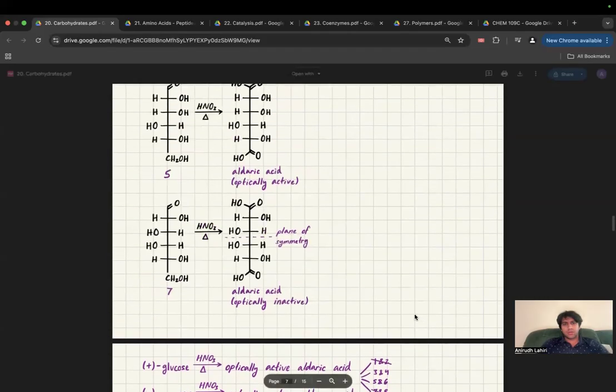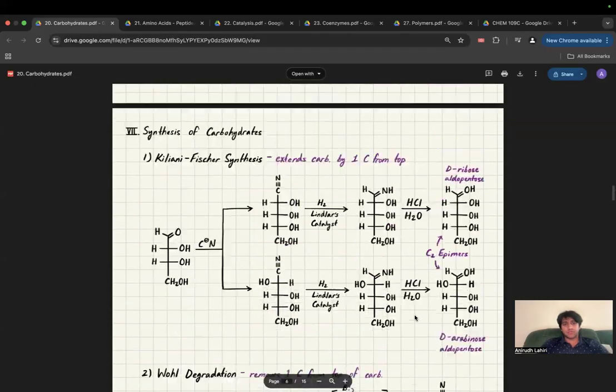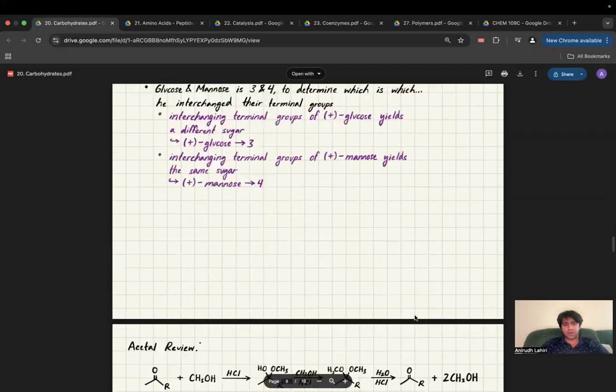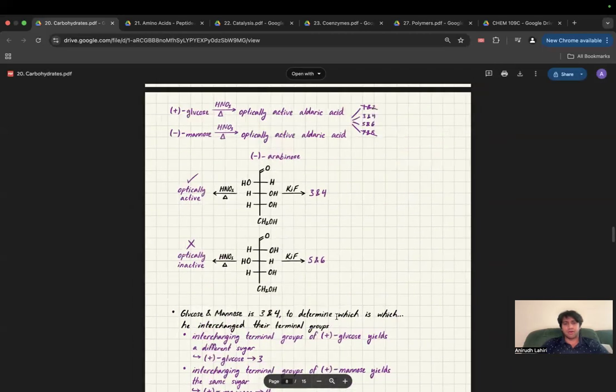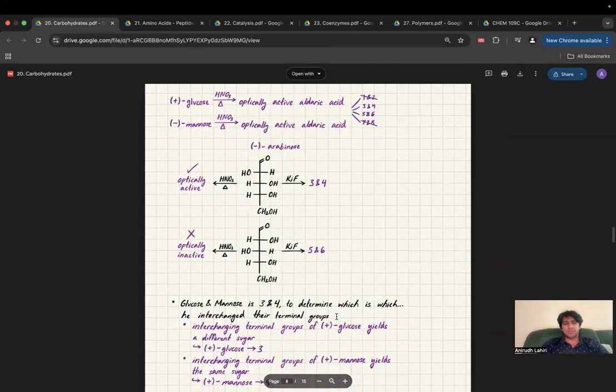This is what was used to figure out the structure of glucose way back when. I'm not really going to go through the specifics of how you'd do this very precisely, but I think it warrants a lot of practice. This is one of the things people ask about the most within this chapter. It's one of the main concepts.